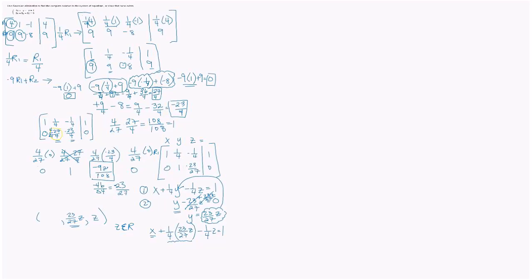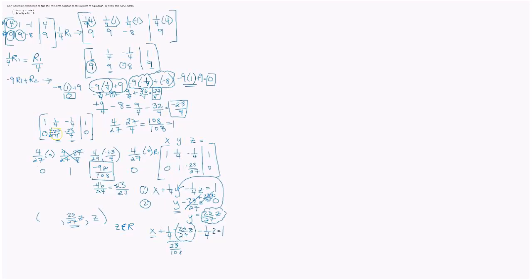And what I'm going to do is try and solve for x. So I want to put everything else over onto the other side, but the first thing I want to do is simplify this. So 1/4 times 23 over 27z. 1 times 23 is 23, and 4 times 27 equals 108.